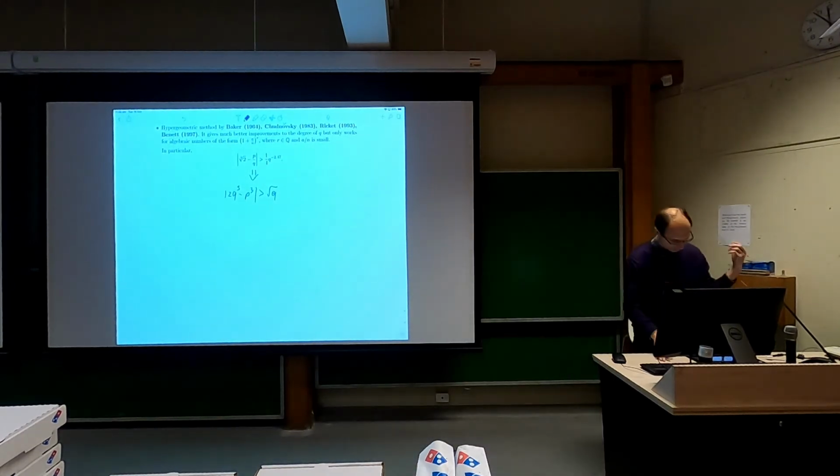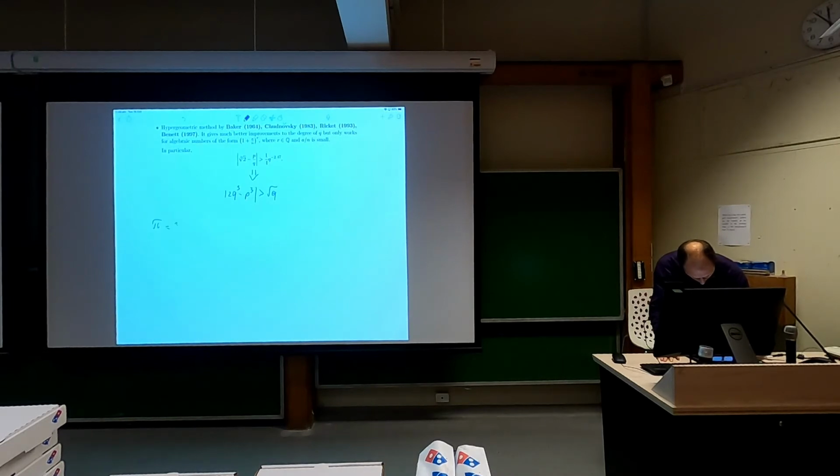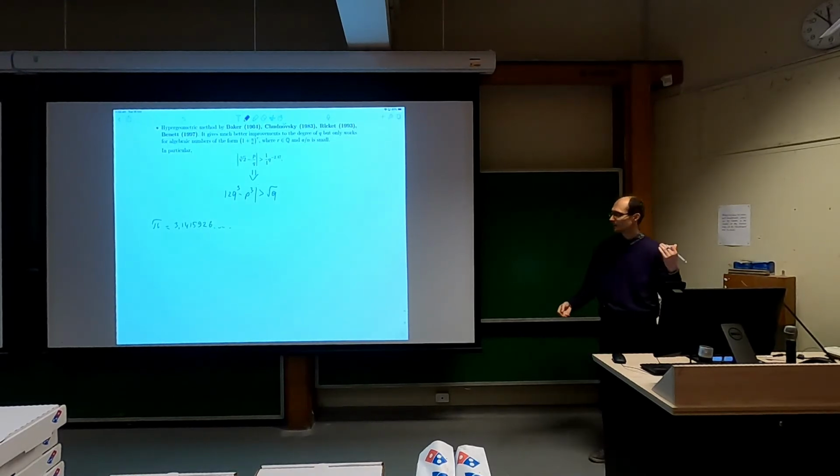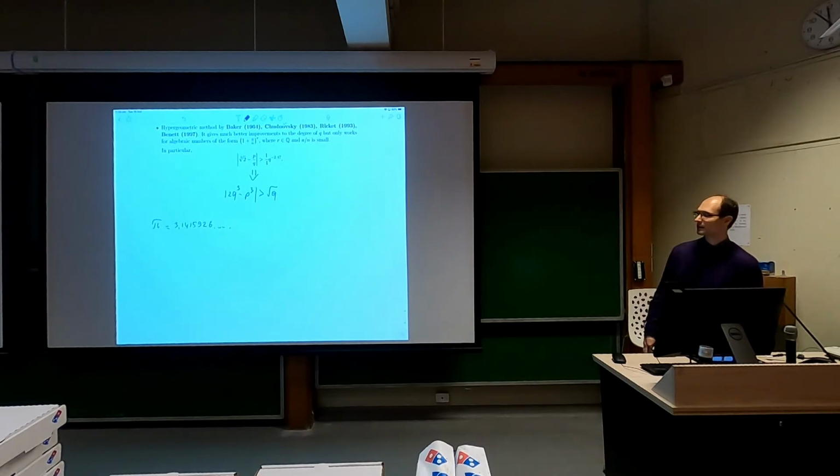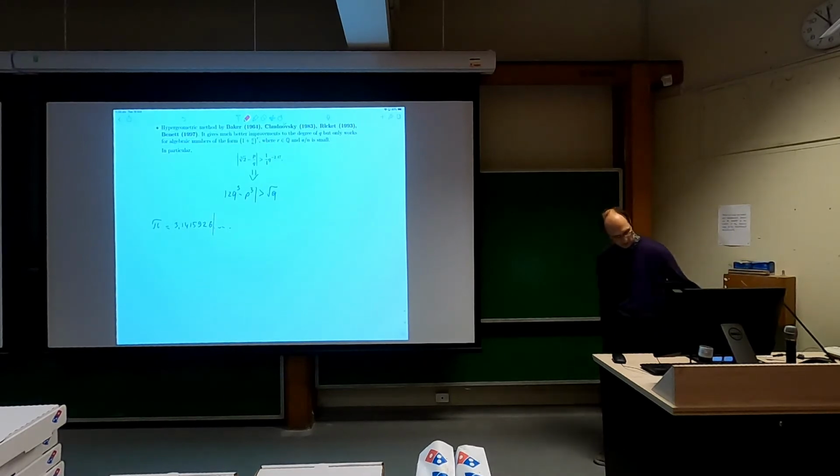For example, let's take pi, an obvious example. 3.14159 26. You may know more digits, right? But let's stop here. We cut it here, and that's our approximation.